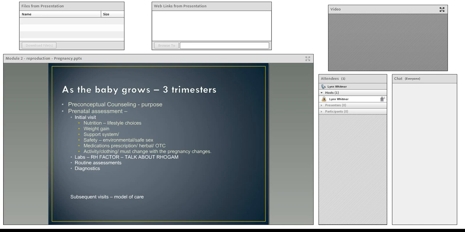What's our prenatal assessment supposed to be? Well, at our initial visit, when someone shows up and says she's pregnant, we need to do our historical data collection. We find out her age, get her name, find out what her immunization status is, find out what she's been feeling like, and find out if she has any allergies.